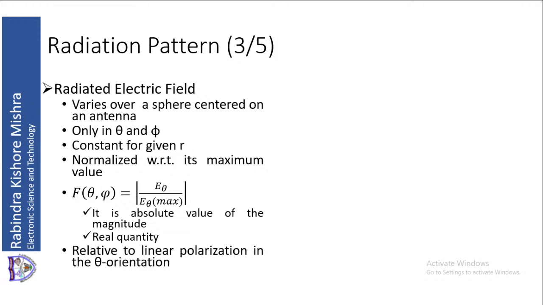This is relative to a linear polarization in the theta orientation. So the polarization of the antenna has to be linear in this case. The radiated electric field is relative to linear polarization in the theta direction. This can be referenced to any other polarization state.